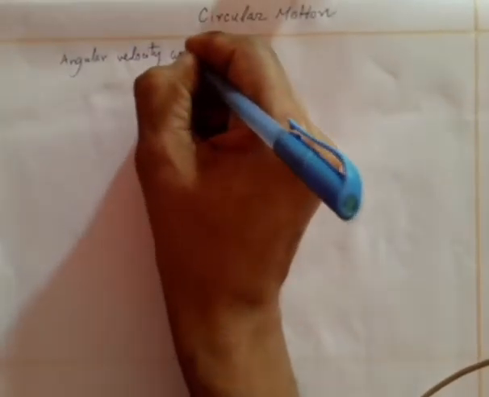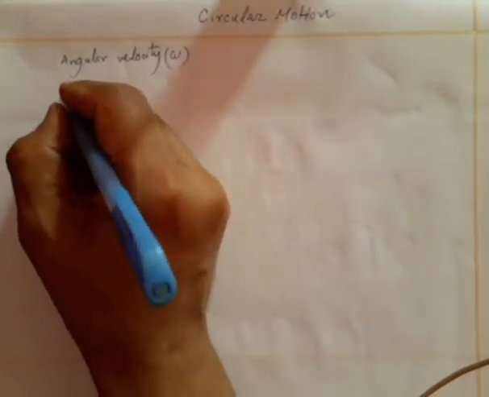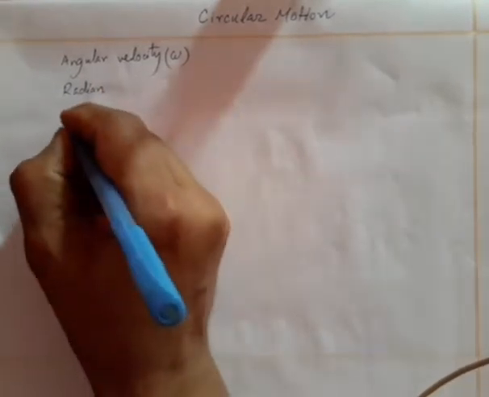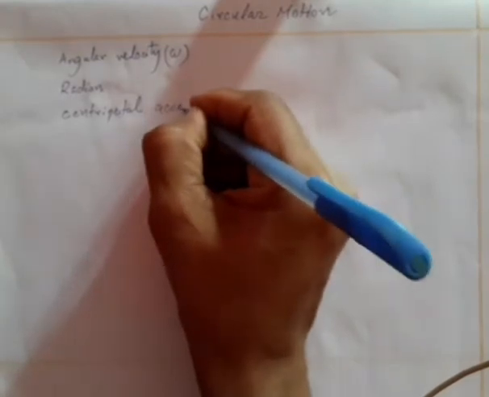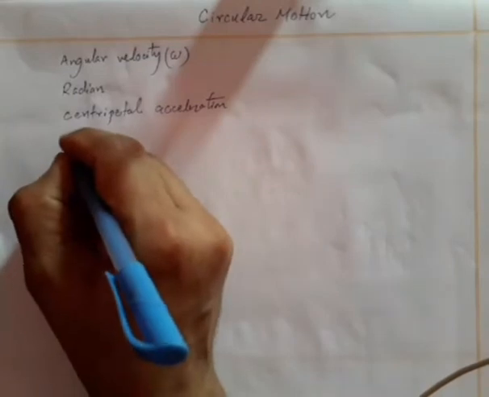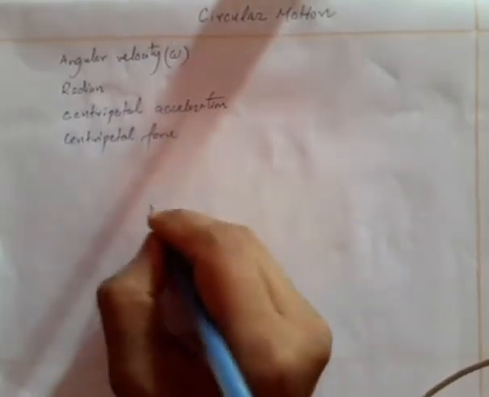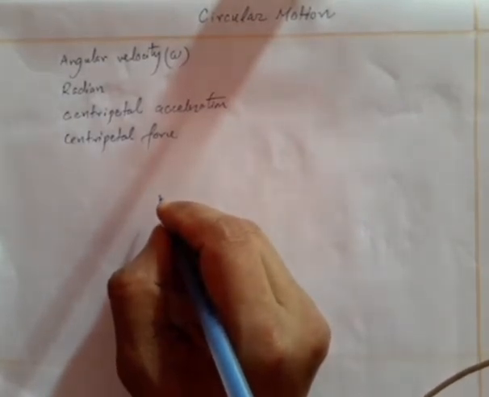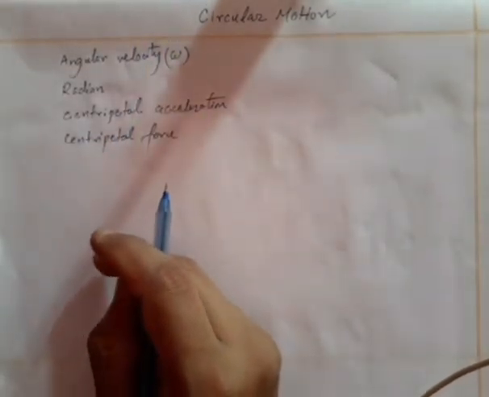In this chapter, we are going to learn angular velocity, radian, centripetal acceleration, centripetal force, and many more. Let us first discuss these first few things.